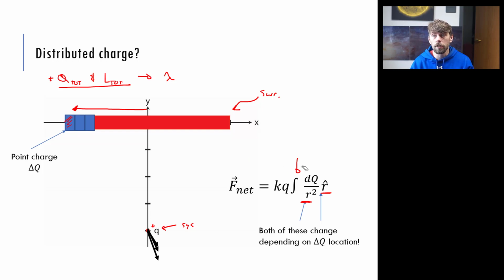So a better expression would simply be that the position vector of the source is simply x, 0, 0. And now you see that we have replaced a specific number, L/2, with a variable, x, representing the position at any given point along the rod.